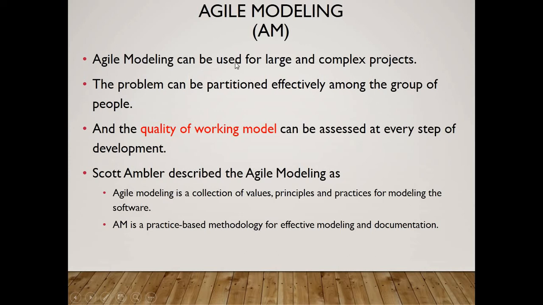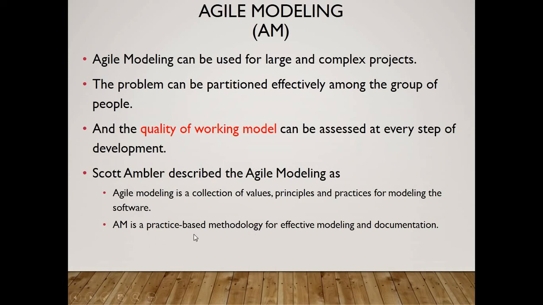And last, we have Agile modeling. Agile modeling can be used for large and complex projects. The problem can be partitioned effectively among a group of people, and the quality of the working model can be assessed at every step of development. Scott Ambler described Agile modeling as a collection of values, principles, and practices for modeling software.